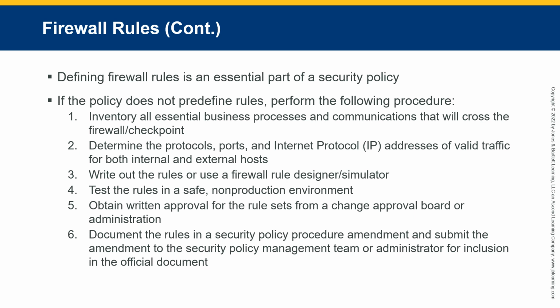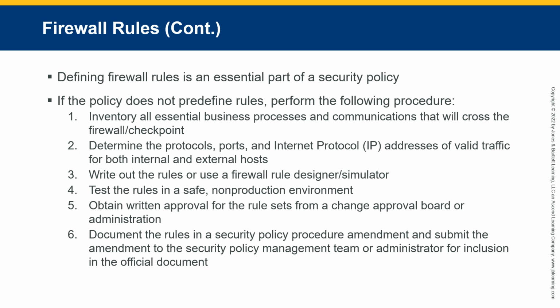I would also have a note if I had to have a NAT rule for that. So you write out these rules, and most modern day firewalls have the ability to run a simulator on the rules before you actually apply the policy.